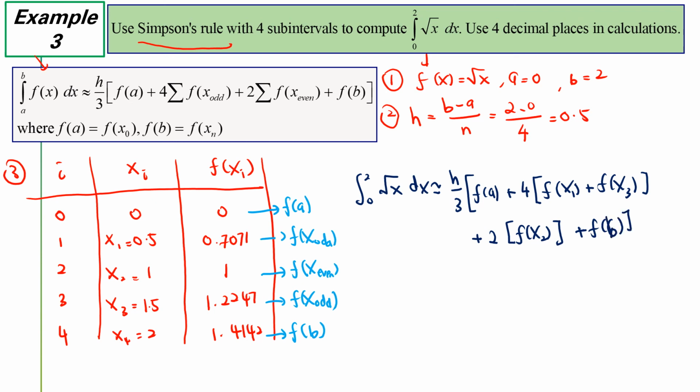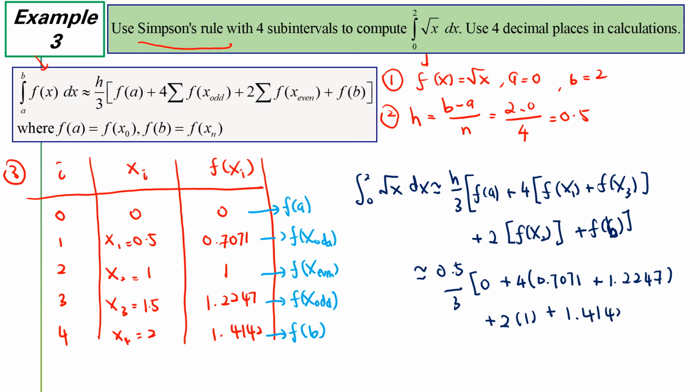You can substitute the values. h here is 0.5 divided by 3, times f(a) which is 0, plus 4 times f(x1) which is 0.7071 plus f(x3) which is 1.2247, plus 2 times f(x2) which is 1, plus f(b) which is 1.4142.